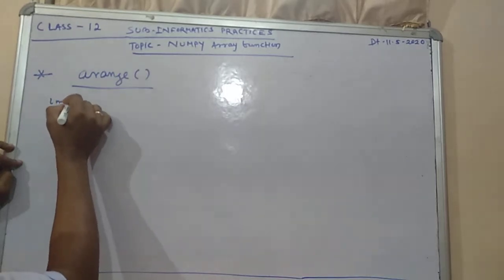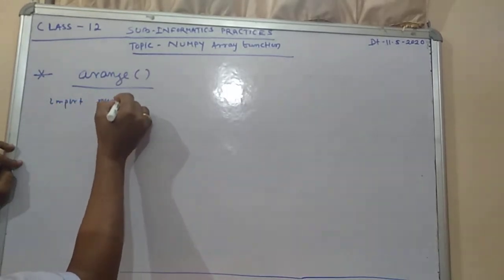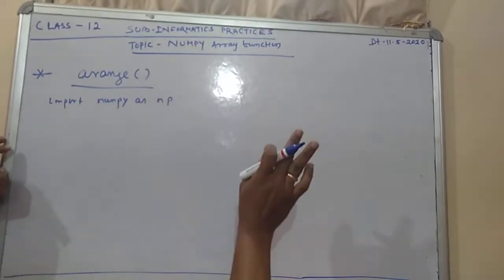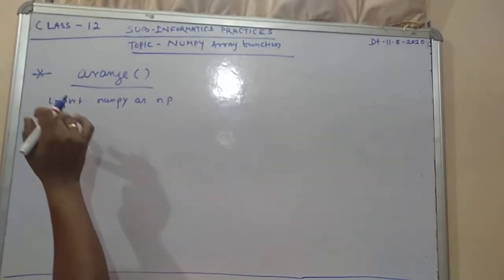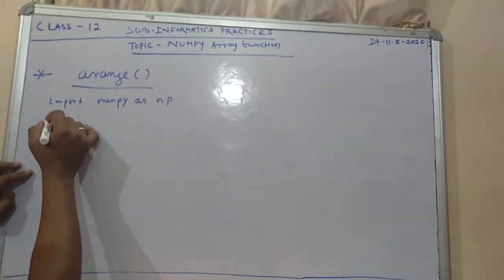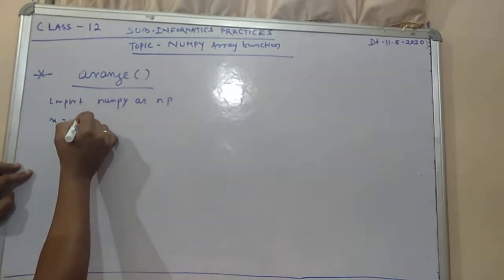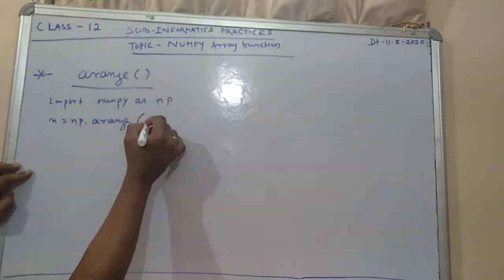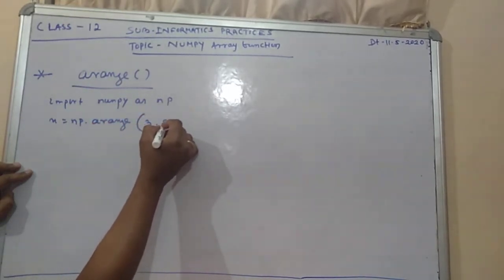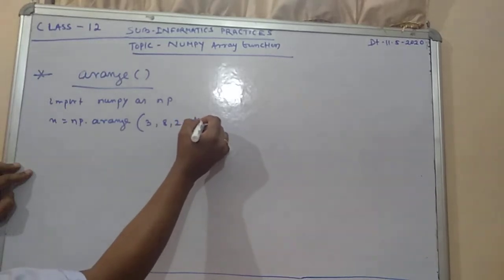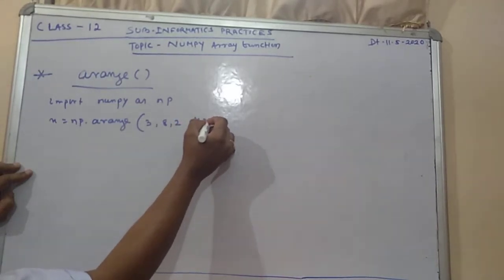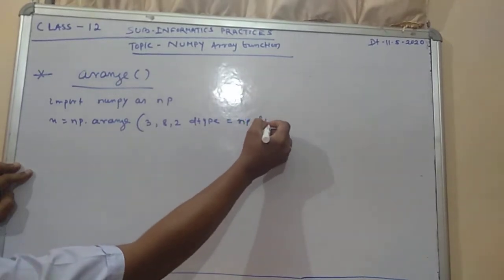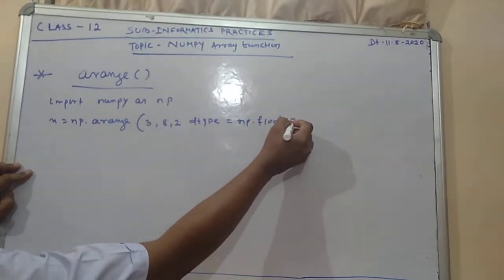Suppose import numpy as np. The same thing is written in the notes, that's why don't be worried. First, understand what exactly you want to get. x equal to np dot arange, bracket 3, 8, 2, dtype equal to np dot float32. Float32 is your what?